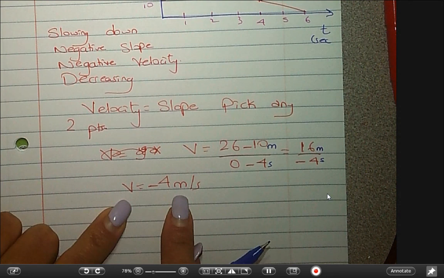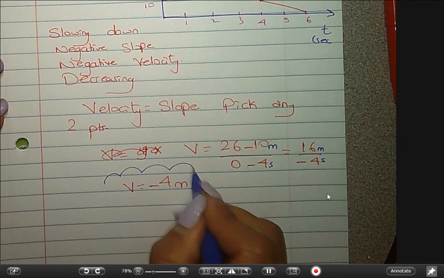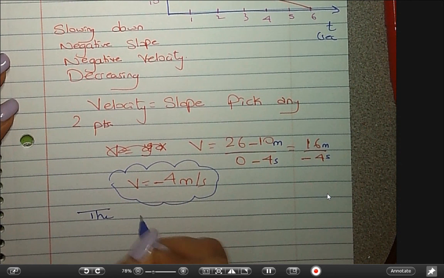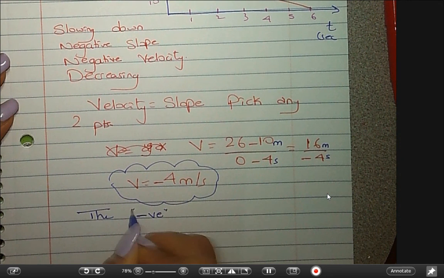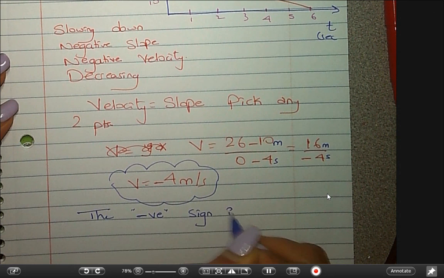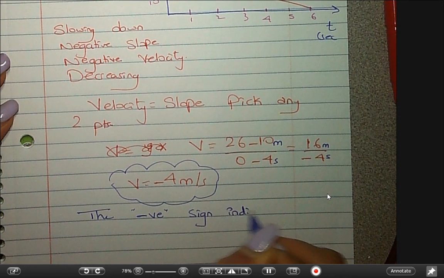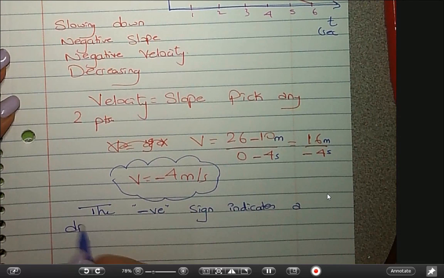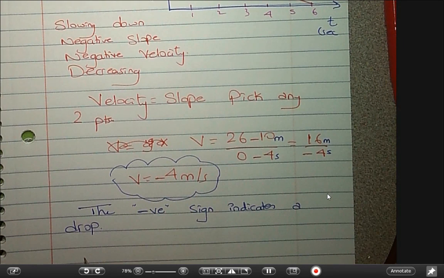So since I know this is negative 4 meters per second, I know the negative sign indicates a drop. Okay, so you know that there is a drop in here.